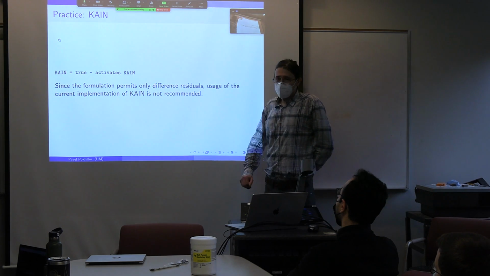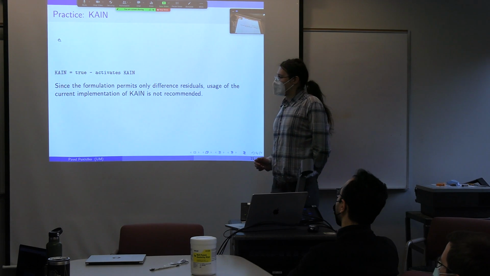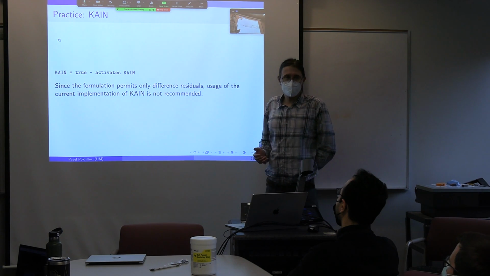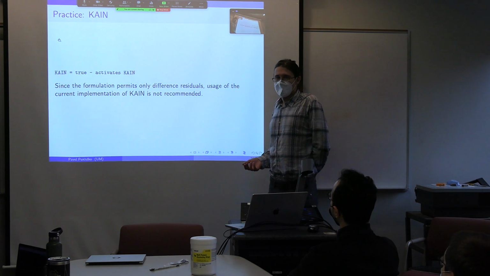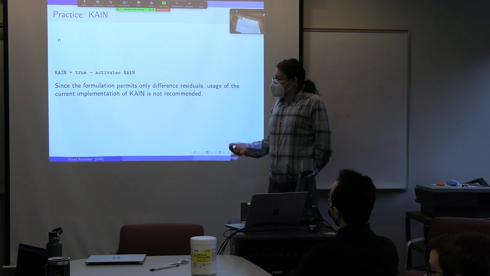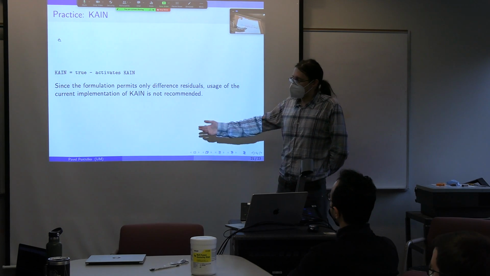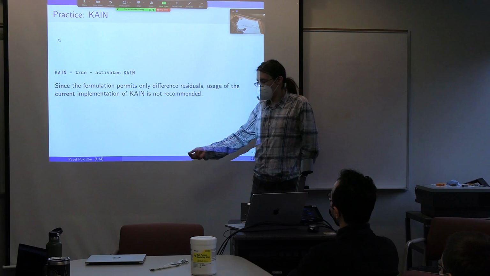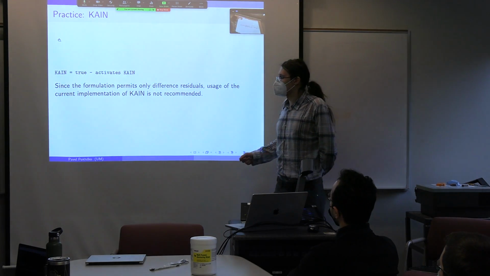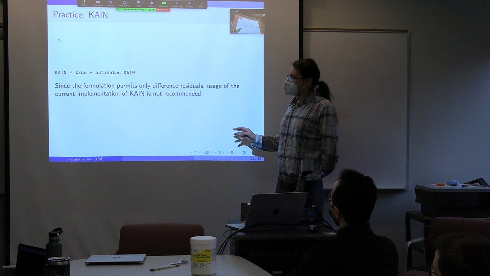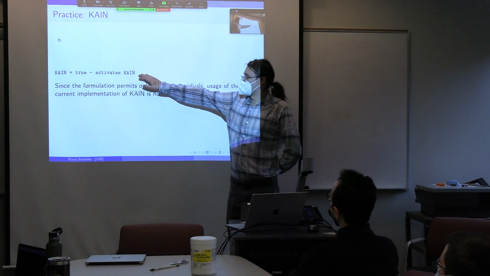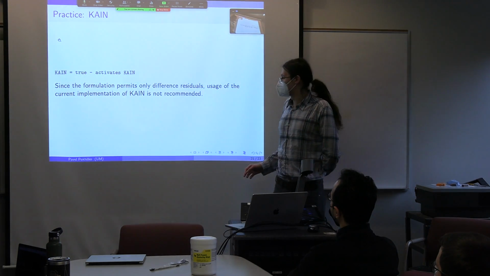And finally, if you want to use K, you need to be aware that it can work only with the difference residuals, because the commutative residuals lead to an ill-defined set of equations, so it won't work at all. So you need just to specify K equals 2 if you would like to use it.